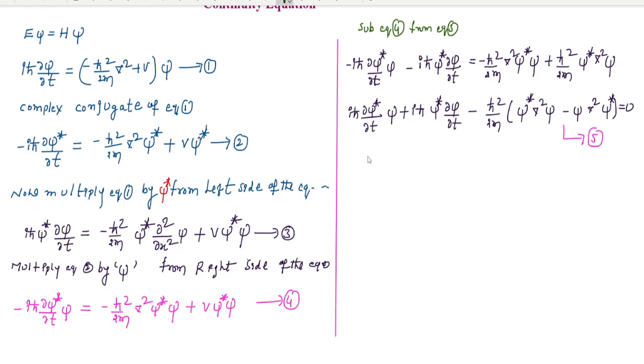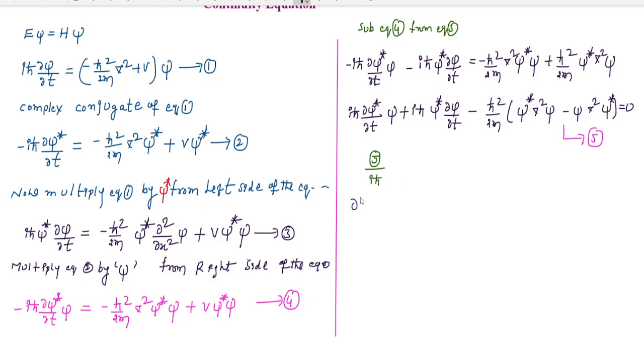Now multiply this equation, equation number 5, divided by iħ. Okay, you do this step, then you will get this equation. So the whole equation we need to divide by iħ.